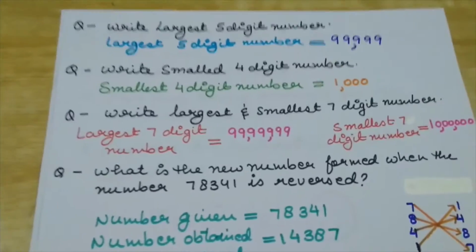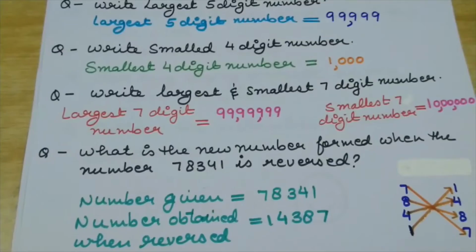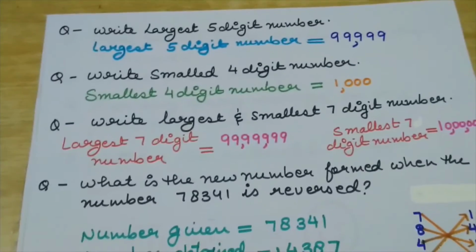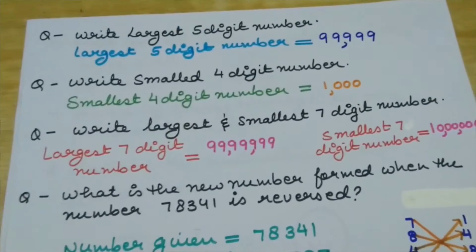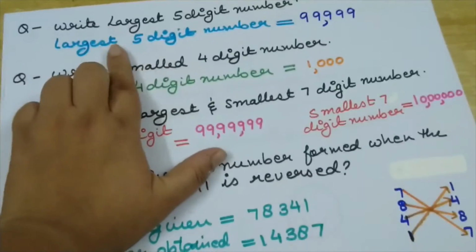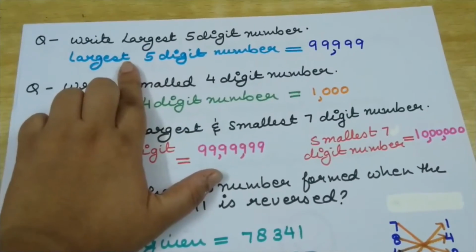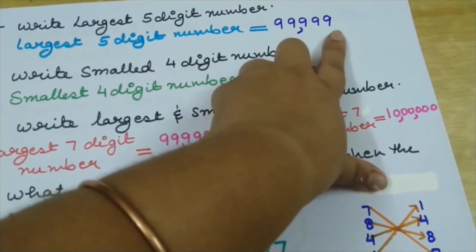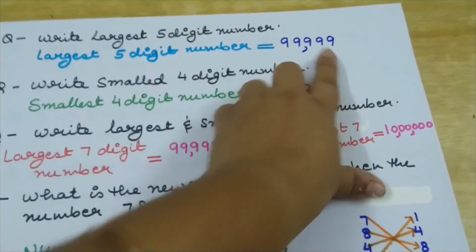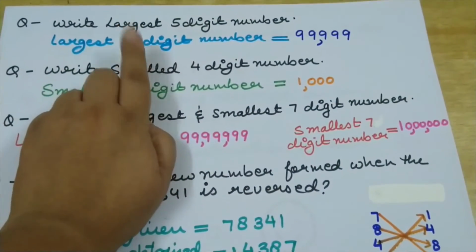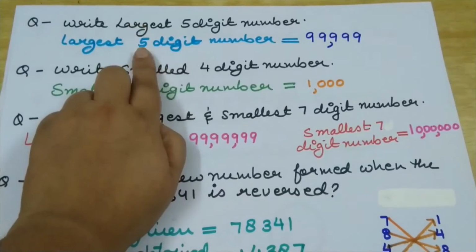Now, there are some questions. If I tell you to write the largest 5-digit number, what will you do? Largest number. So what is the largest digit, children? Correct, 9. But how many times will you write it? Correct, 5 times.